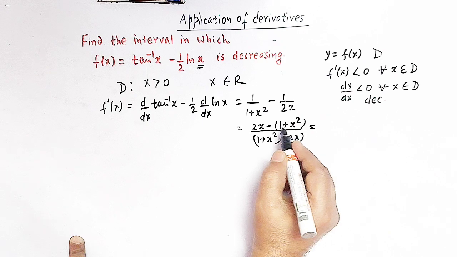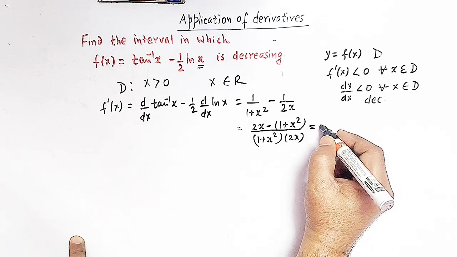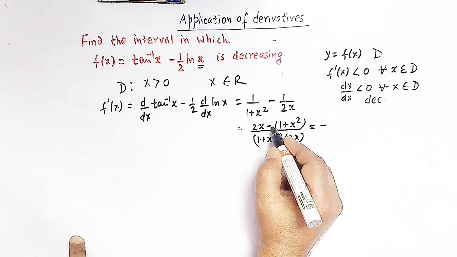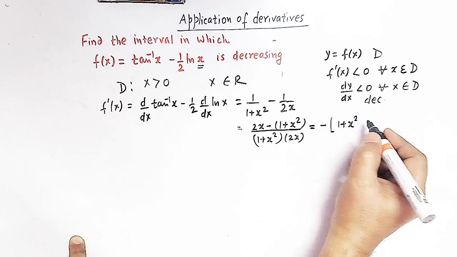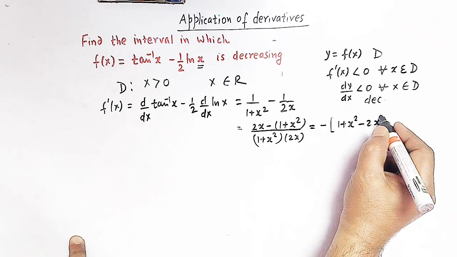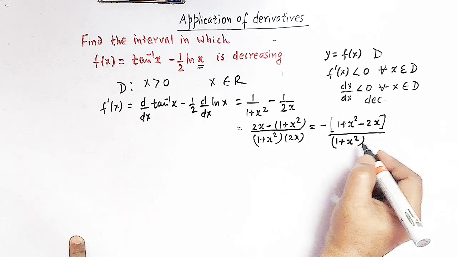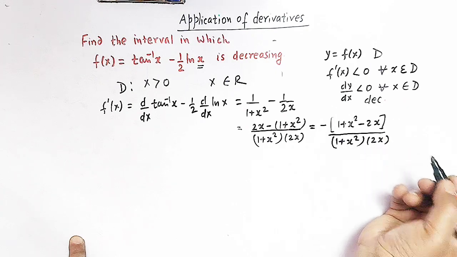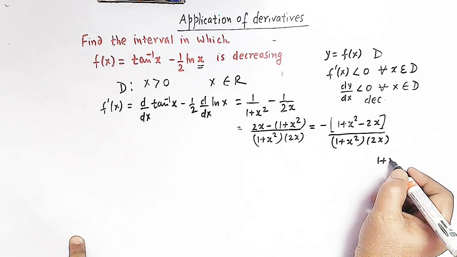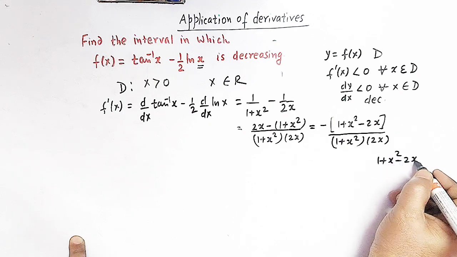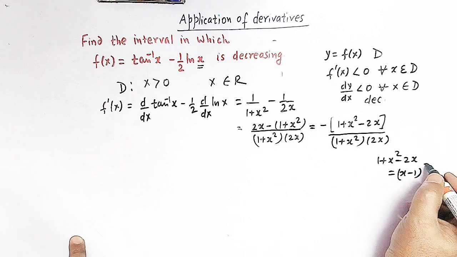Now we can write this numerator by taking the negative sign common. So we can write here 1 plus x square minus 2x, and here we have 1 plus x square, and this is 2x. Now see this expression, that is 1 plus x square minus 2x is given by x minus 1 whole square.